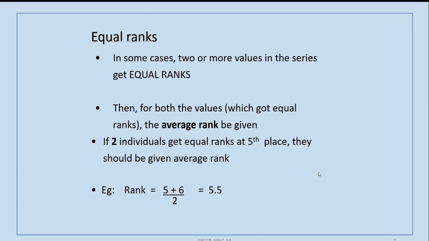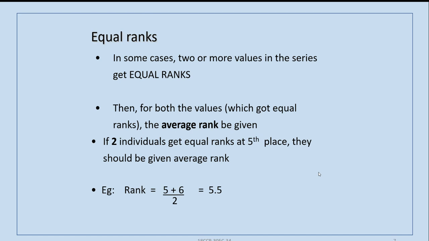For example, 5th rank is coming twice. That means 5th rank should be given to both, same to two persons. When that is the case, we have to follow this method. We have to take the average of the equal rank and the next rank. That is, after 5, 6th rank should be given.